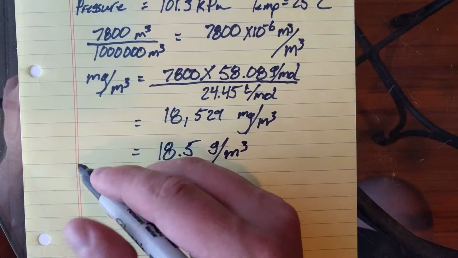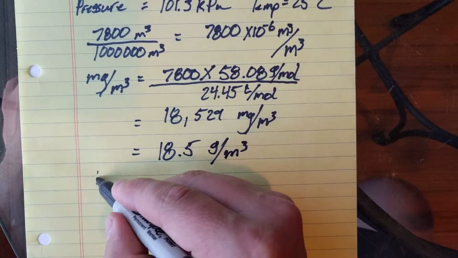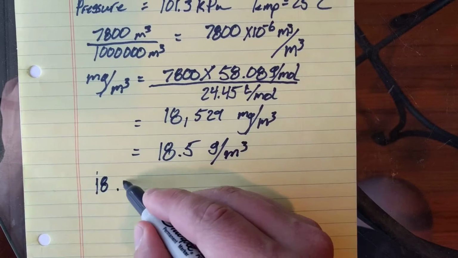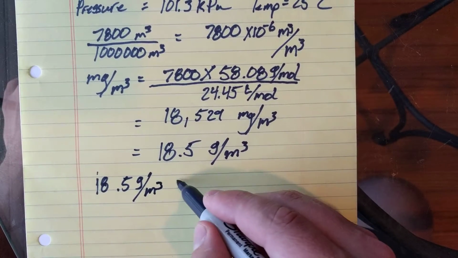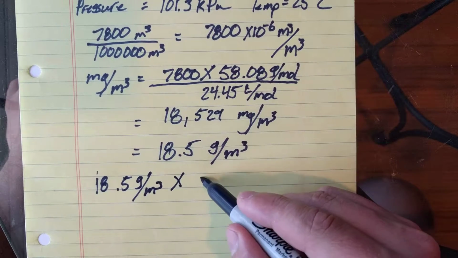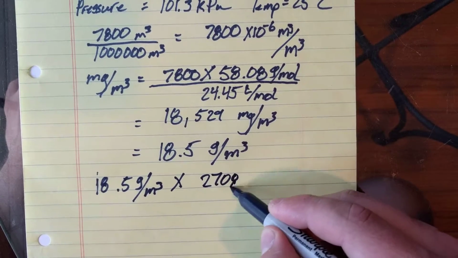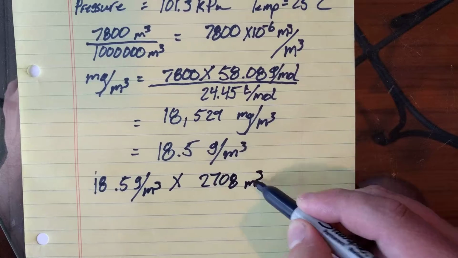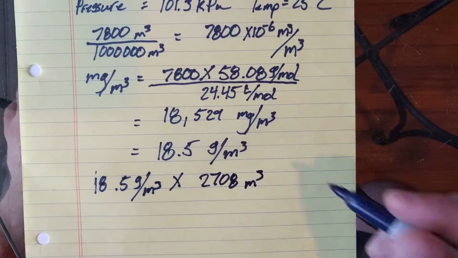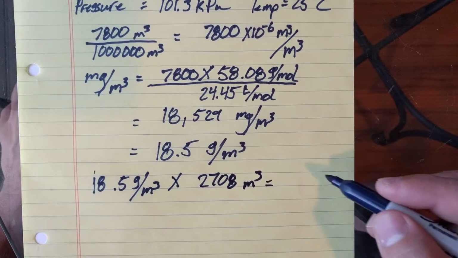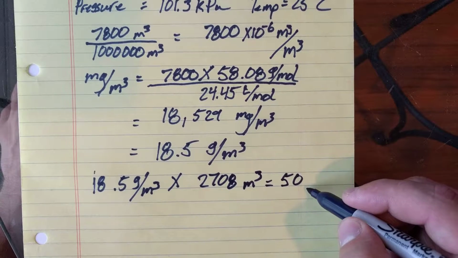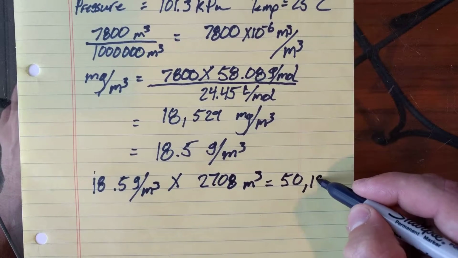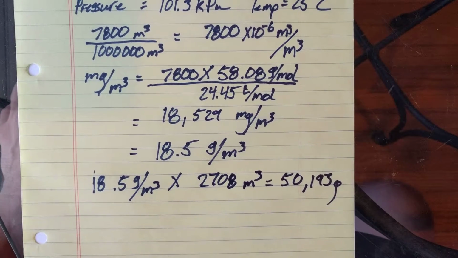Next, what you're going to do is take 18.5 grams per meter cubed and multiply by 2708 meters cubed, okay? And that's going to give you 50,193 grams, okay?